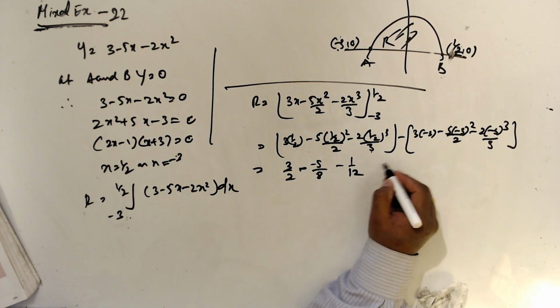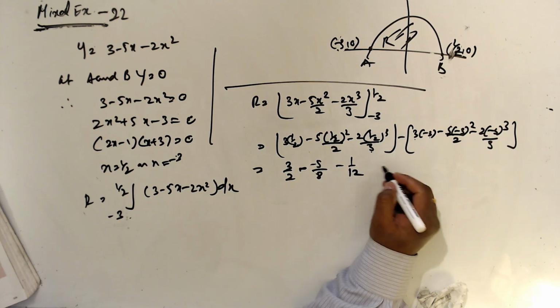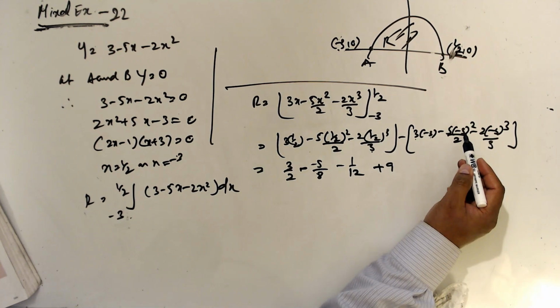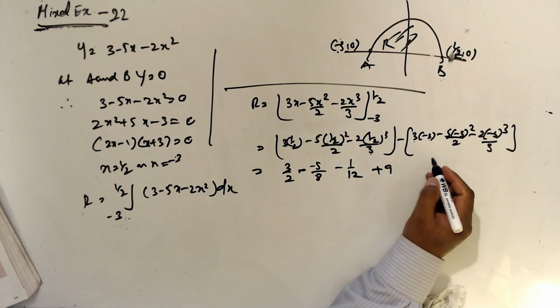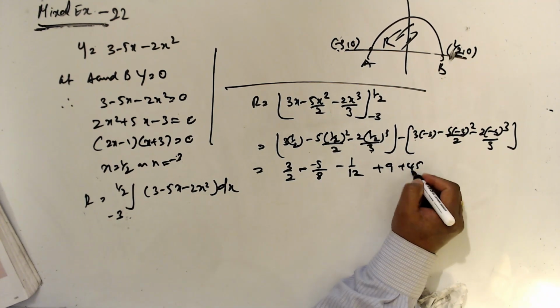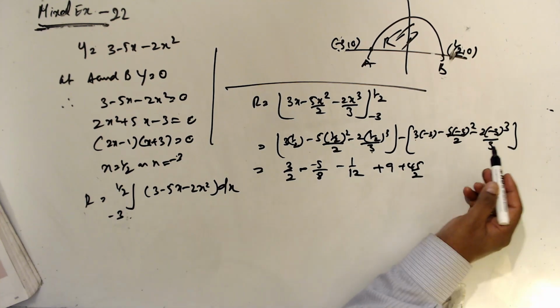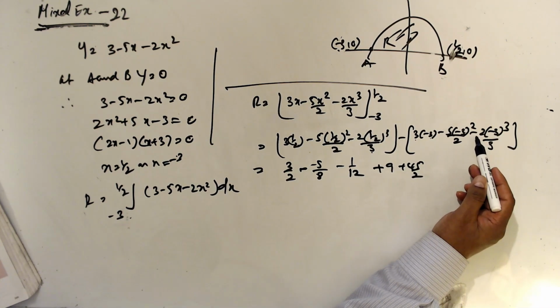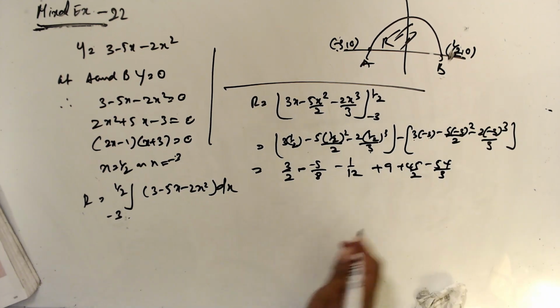Then this is going to be 3 times 3, 9, minus, this is positive 9. This is going to be 27. 3 squared 9 and 9 times 5, 45, and this is going to be positive 45 over 2 and this is minus 27 and plus 42 minus 54 over 3.